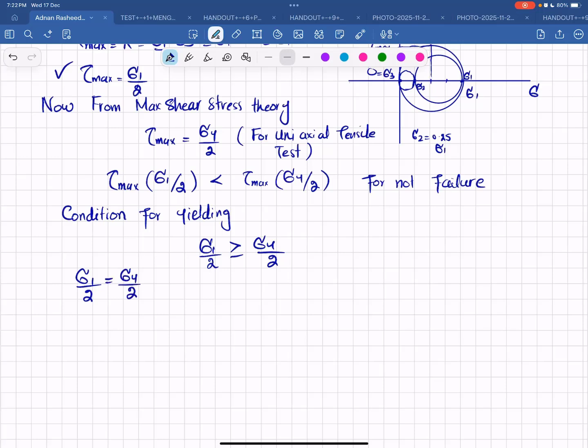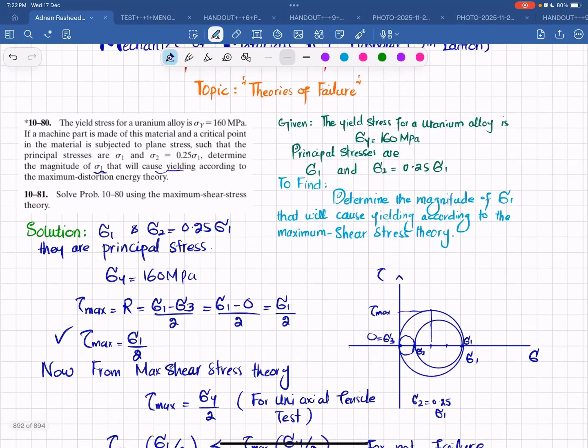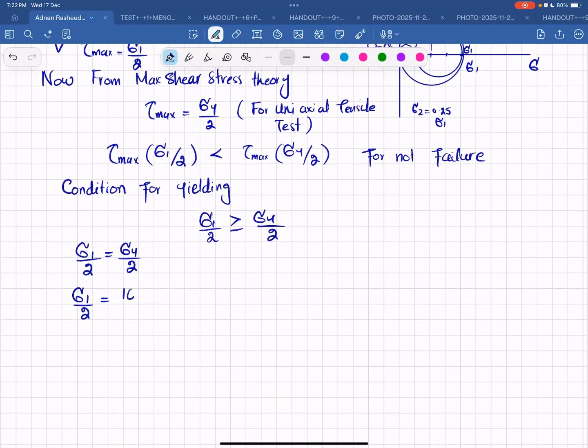Sigma y is 160, so 160 divided by 2 is equal to 80. So from here sigma 1 is equal to 80 multiplied by 2, and that will give you sigma 1 is equal to 160 megapascal.